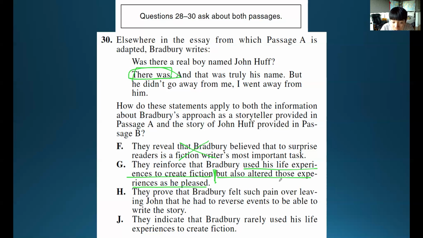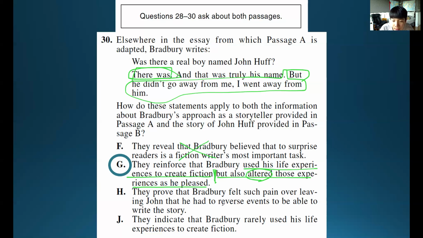Second one, but also alter these experiences as he pleased, is this part right here. You have to know from the passage that he's telling a lie, or you can't prove that this second part of the answer is true. So that's the correct answer. But you have to know the passage so well that you know the second part circled is a lie, so that you can know that he altered experiences.